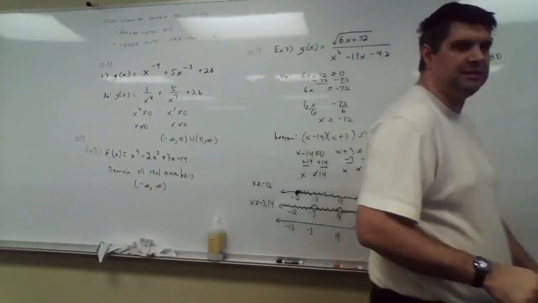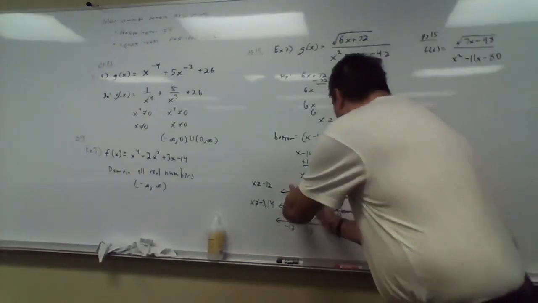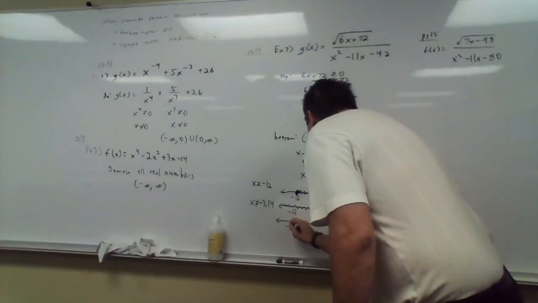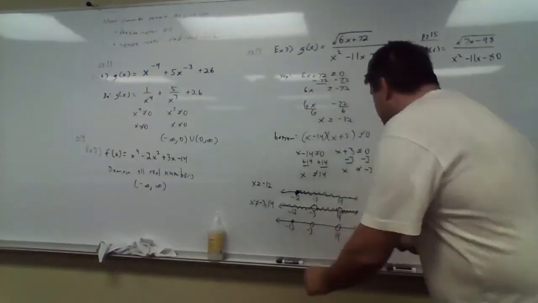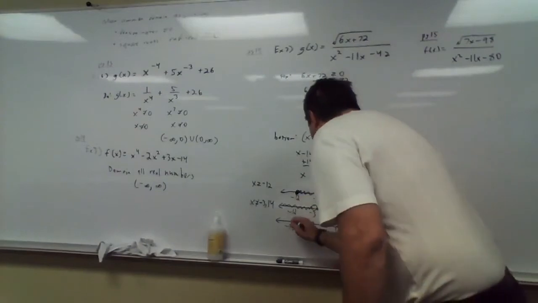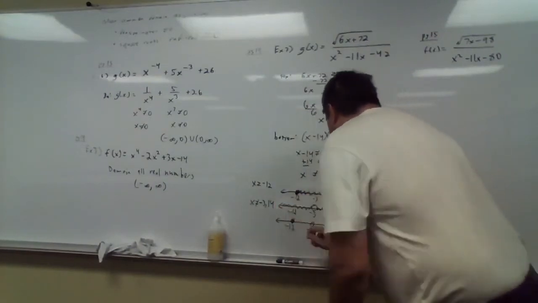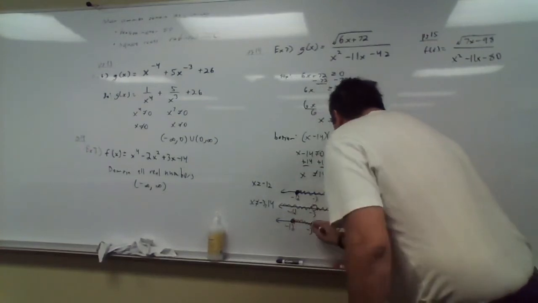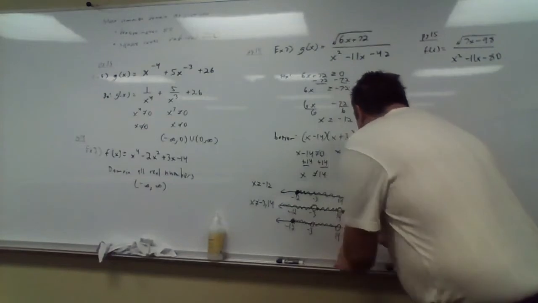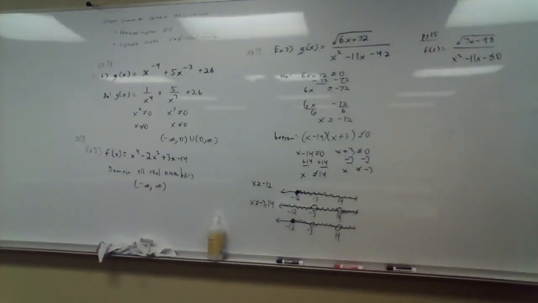Now what happens here is that for the third number line, I'm going to take all the critical points as given. And I'm going to shade the regions that they have in common. So there's no overlap here, but both of these are shaded. Both of these are shaded. And both of these are shaded. Okay?